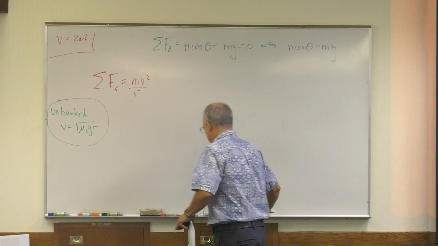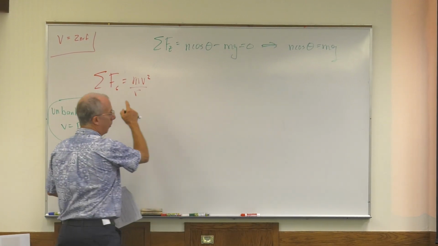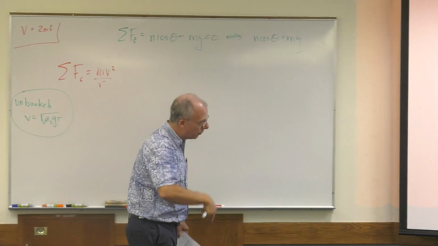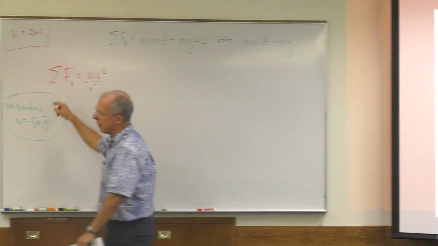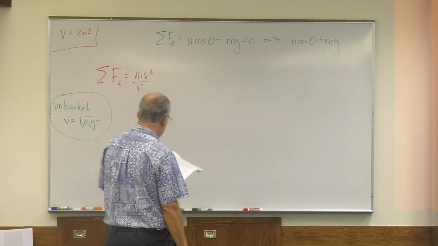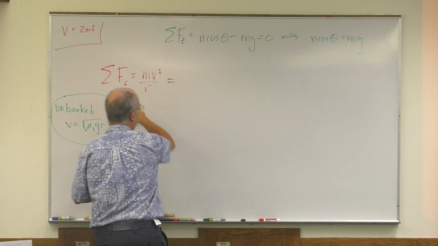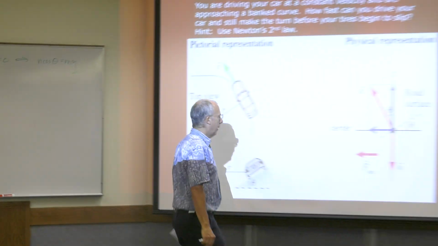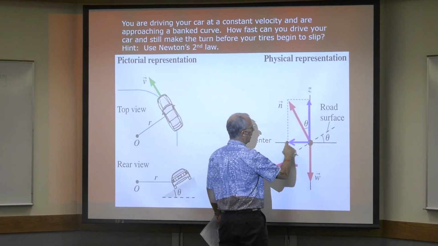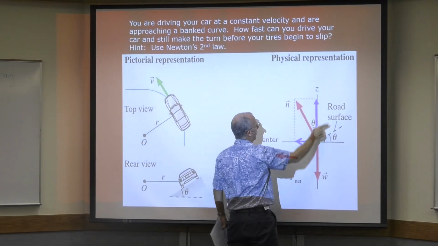Now let's do this one. We know it's going in a circle, so we know there's centripetal force. So we just write this down because it's true. But then we have to identify what the centripetal force is, and we already said that. The centripetal force is this, which is this, which is n.